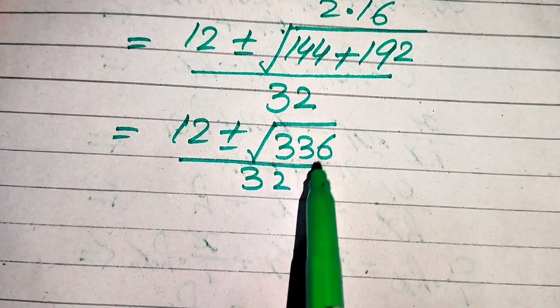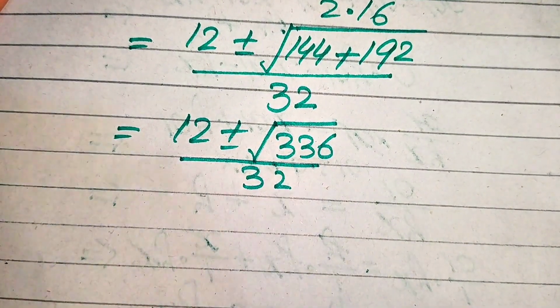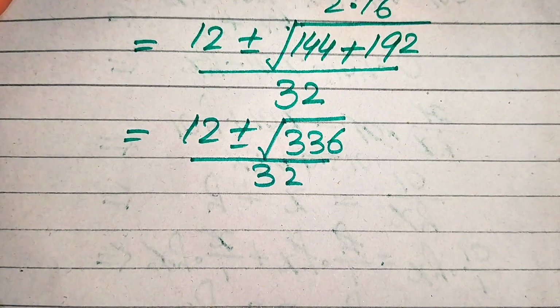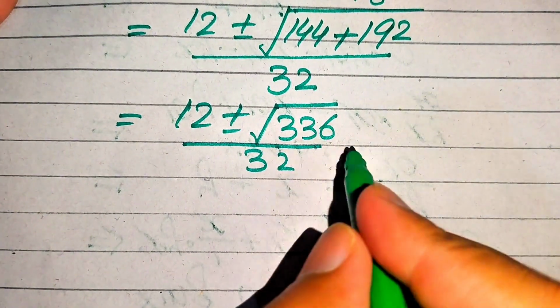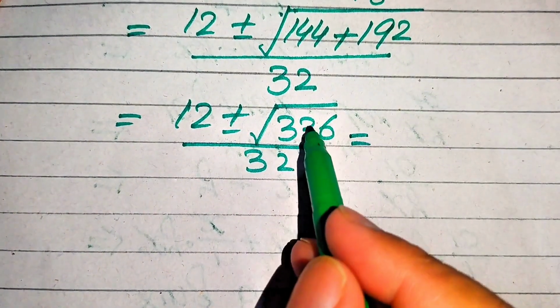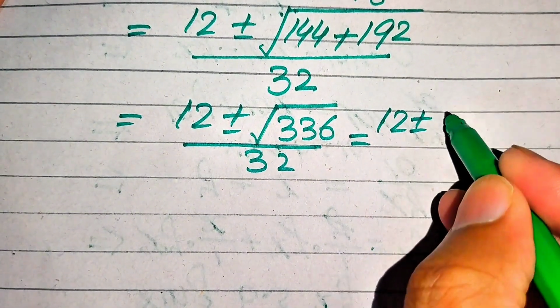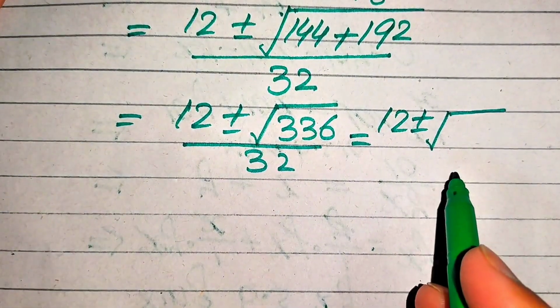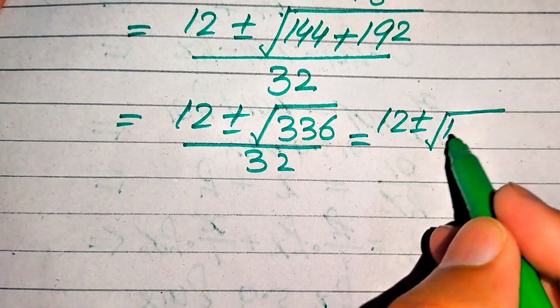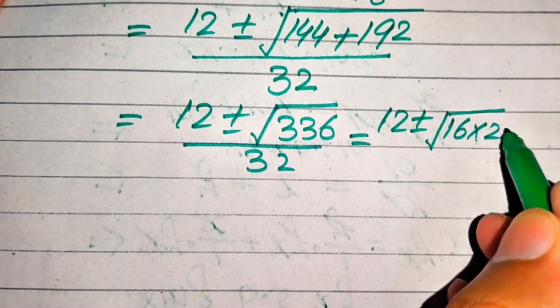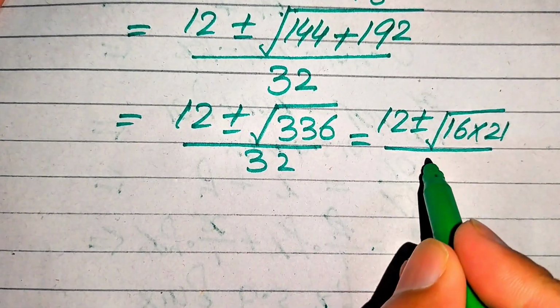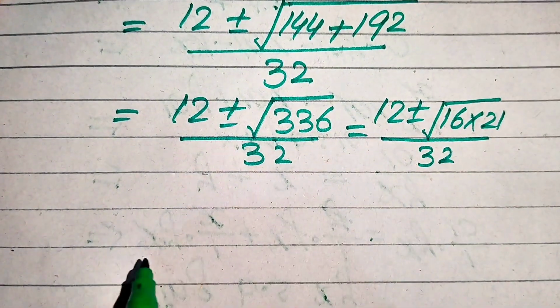So here we need to focus on the term which lies inside the square root. So now in the next step we rewrite the term inside the square root as 12 plus minus square root of, we write 336 as 16 multiplied by 21, and it is divided by 32.